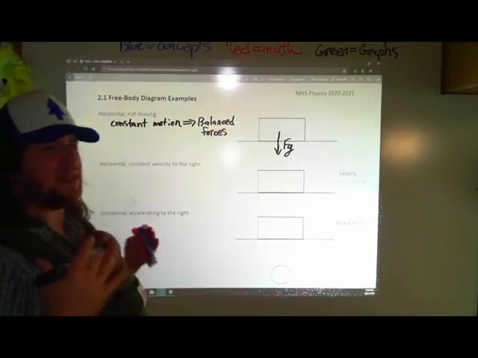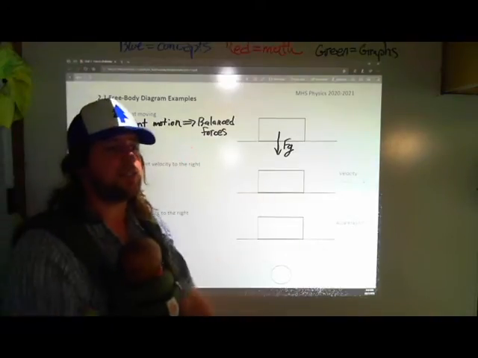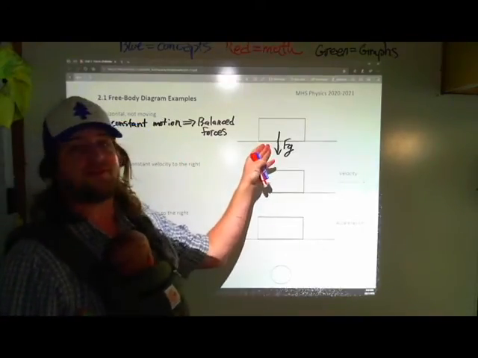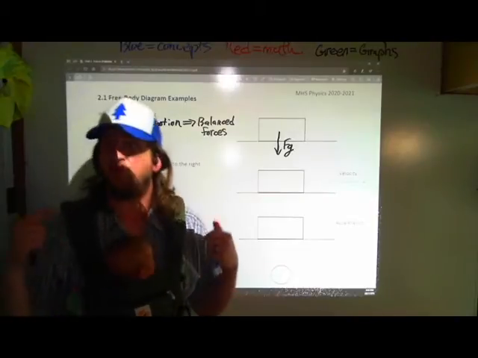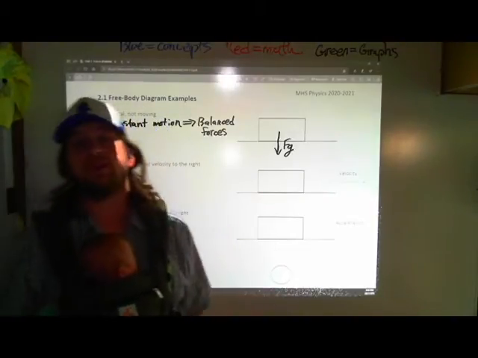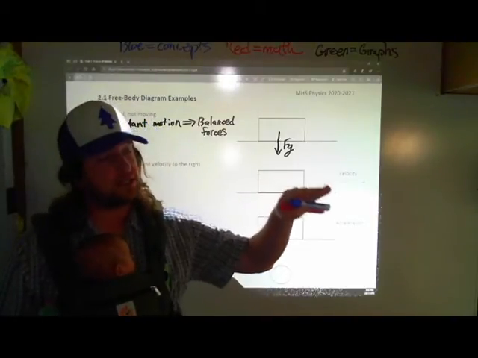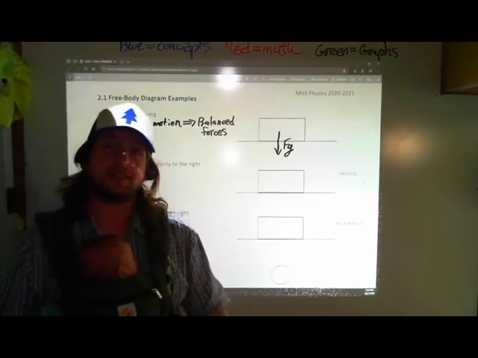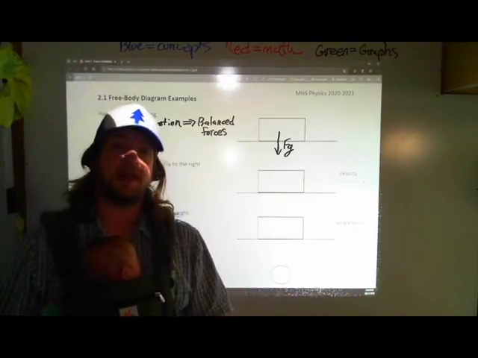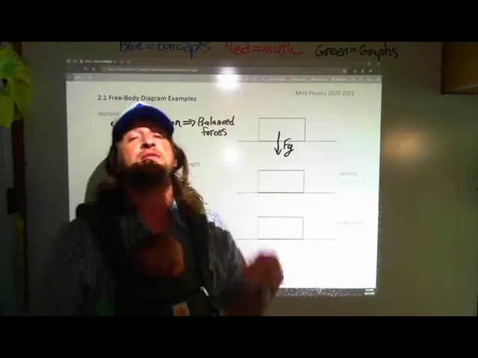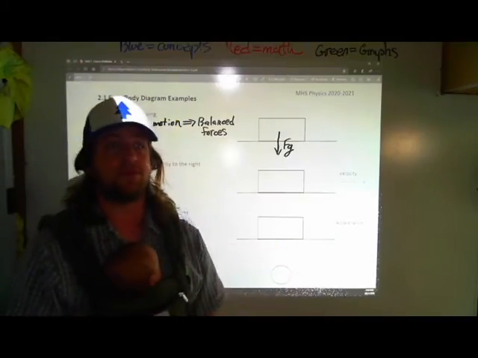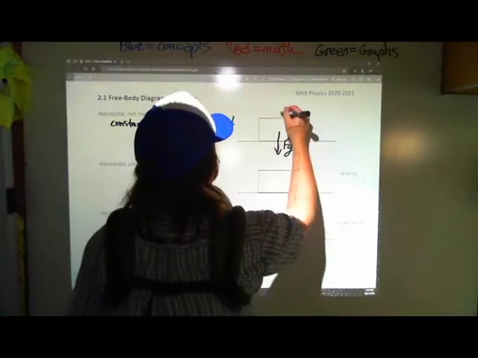So something needs to balance out the force of gravity. It would be really weird if that book just sunk through the table and started speeding up, falling towards the center of the planet. So something has to keep the world normal, and that is our normal force.